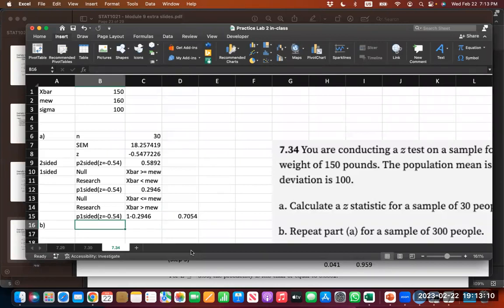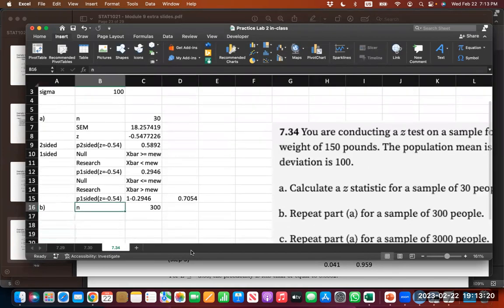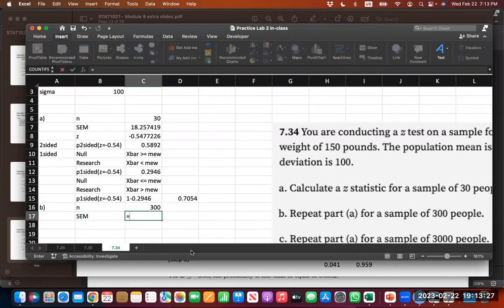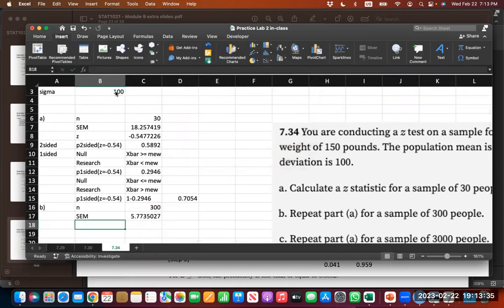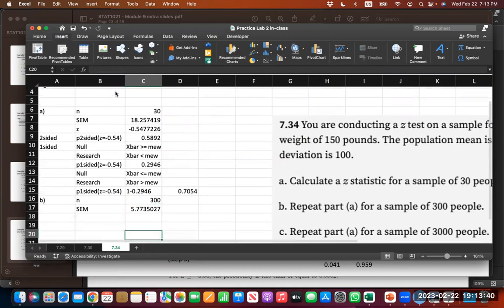So if we want to do a repetition of this example with an n of 300, and we're calculating a standard error of the mean, we're getting sigma divided by the square root of 300, which gives us a standard error of the mean of 5.77.